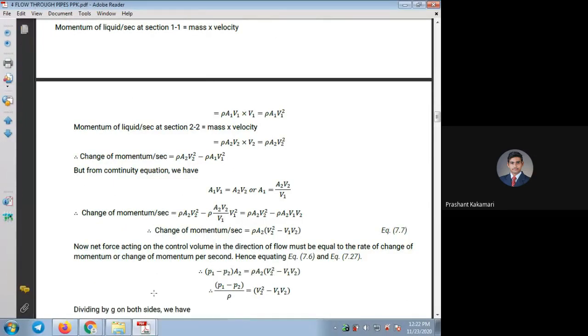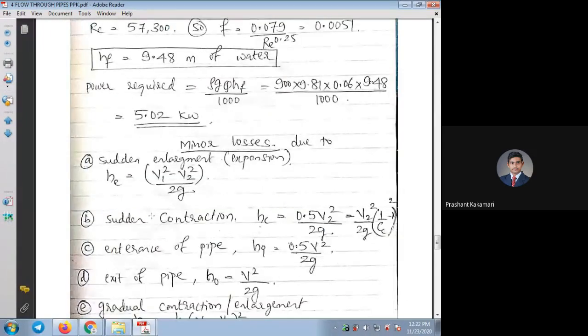Directly, after deriving with the help of Bernoulli's equation, the sudden enlargement or sudden expansion head loss is given by He equal to entry velocity square minus exit velocity square, that is V1 square, the velocity at the smaller diameter squared, minus V2 square, the velocity at the larger diameter squared, divided by 2g.